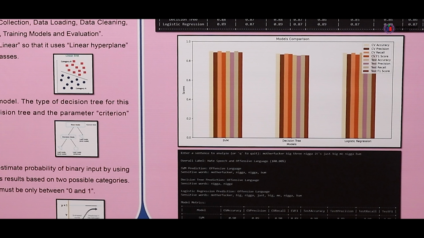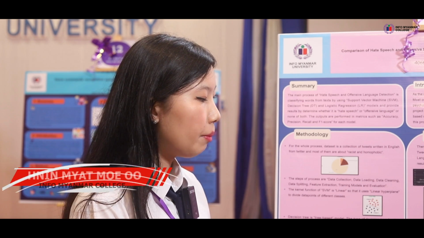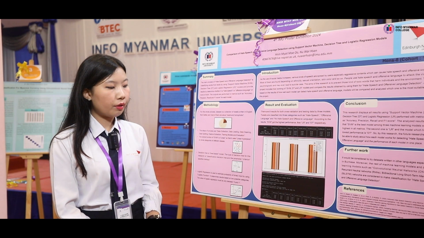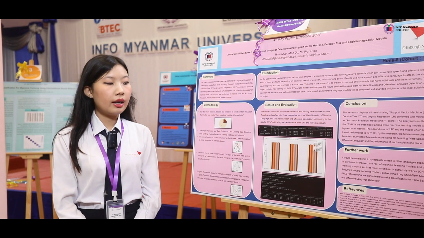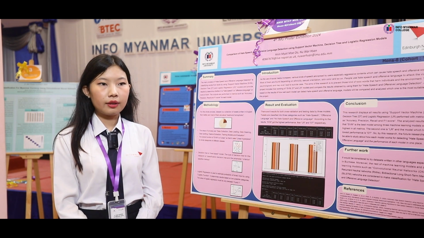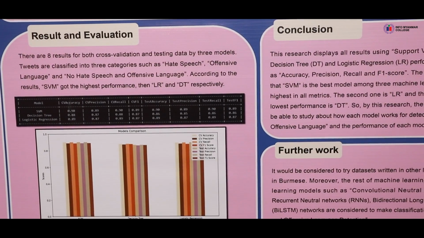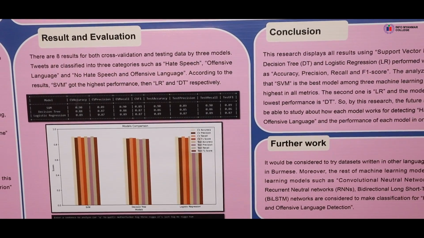And for logistic regression, it lists all the words which should definitely be offensive language, but it also showed normal words which are used in normal conversation. So compared with the support vector machine, it is really good, but it's not better than the support vector machine.